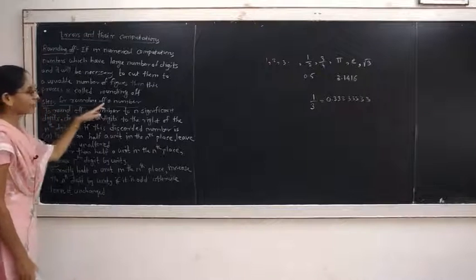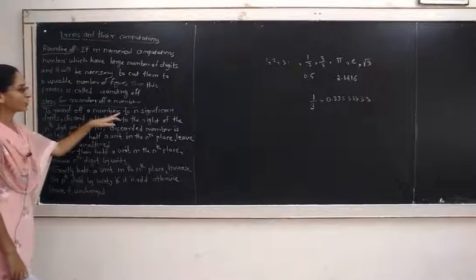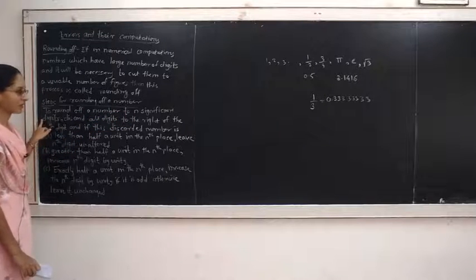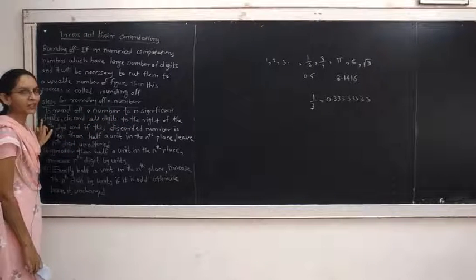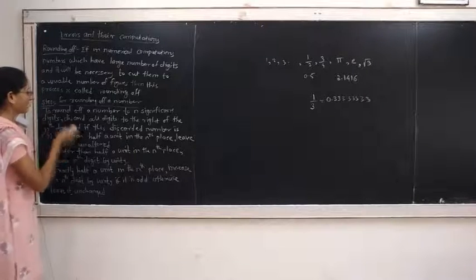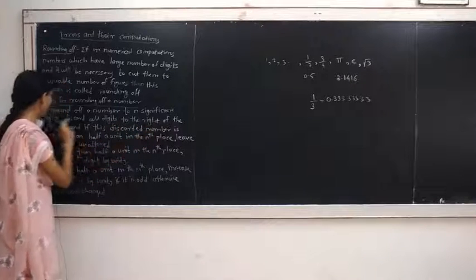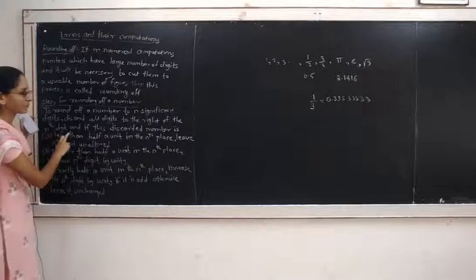Steps for rounding off a number are as follows. To round off a given number to n significant digits, firstly discard all the digits to the right of the nth digit.